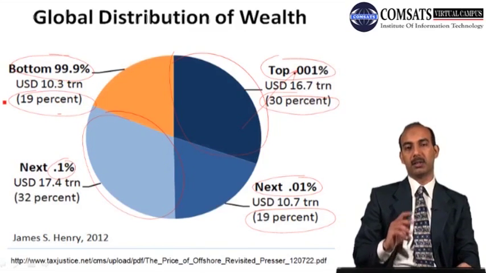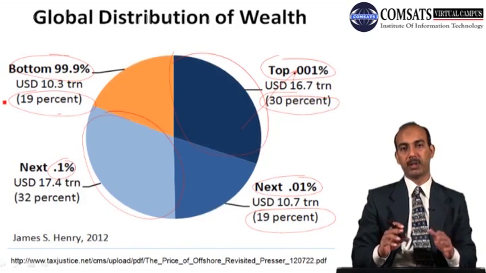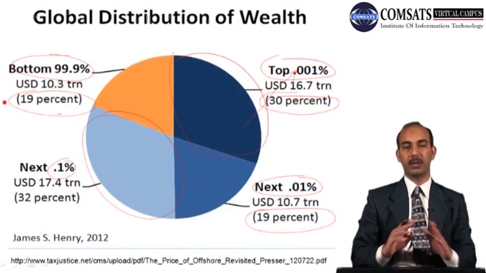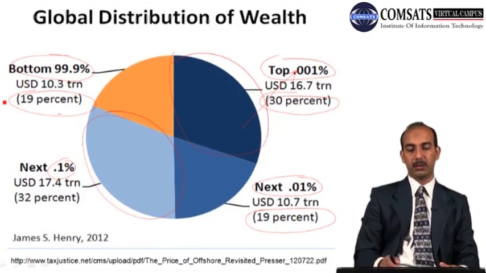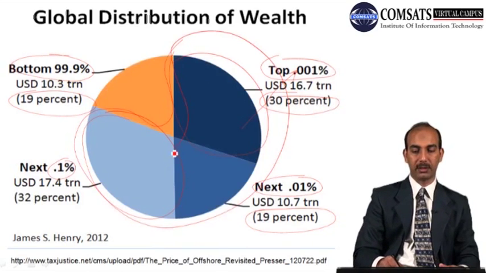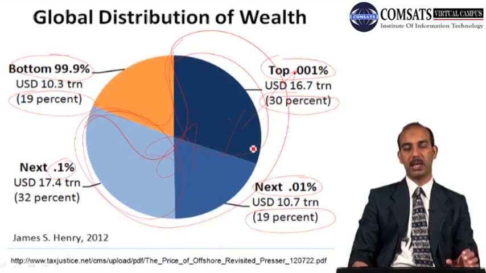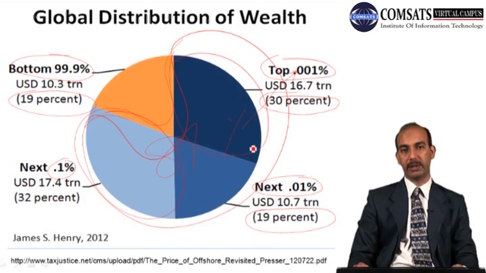So you can imagine the distribution of wealth, how much disparity is there. This is a completely unfair distribution of wealth. So you can see here that 81%, that is this much part of the wealth, belongs to only 0.1% of the total population in the world. And the majority of the population, that is 99.9%, they hold only 19% of the total wealth in the world.